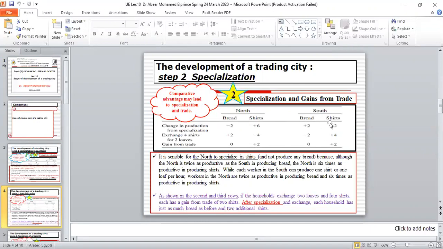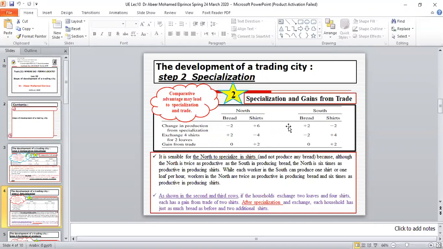In 2 hours South will produce 2 bread and 0 shirts, but take from North 4 shirts and give North 2 bread. So it has positive 2 of bread because South produces bread only, and negative 2 because South will give North 2 bread.